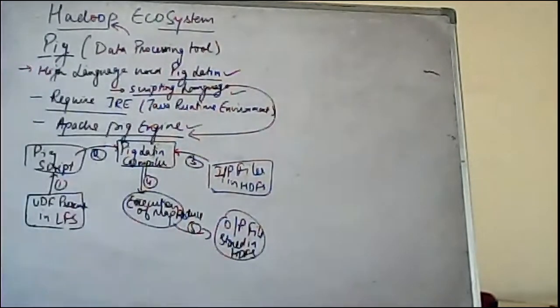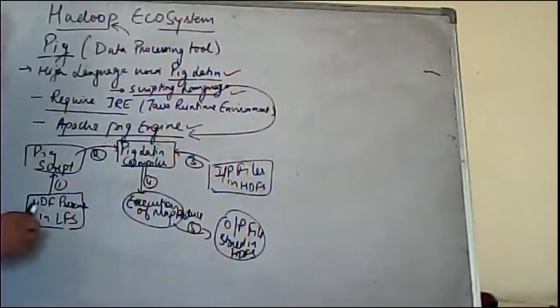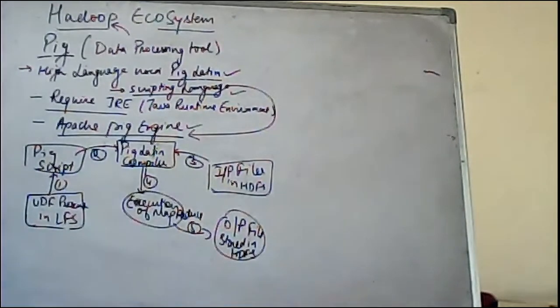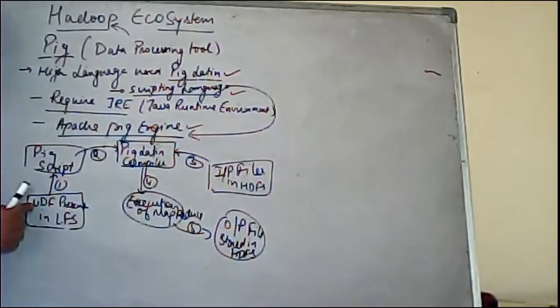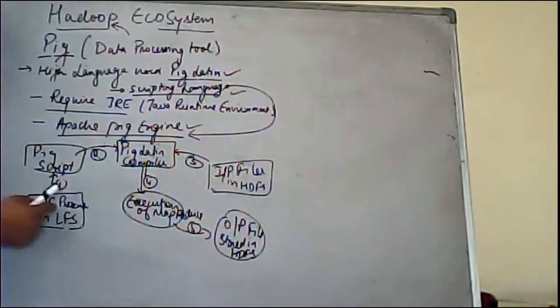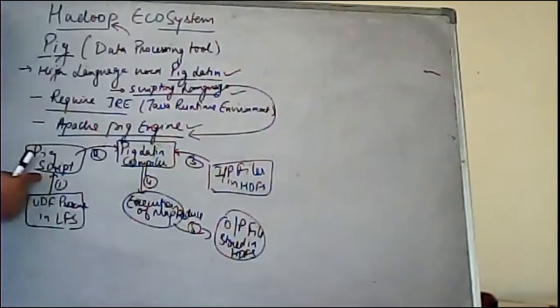It is your tool. First of all, you have a user-defined function in your local file system. In your program, you have a user-defined function. If you are using Python, there are user-defined functions, that is your input. And the first step is that it should have a pig script.